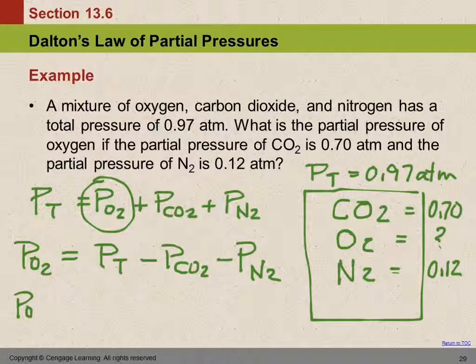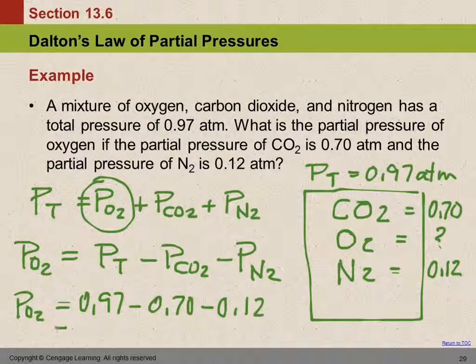So the pressure of the oxygen is going to equal the total pressure of 0.97 minus the carbon dioxide minus the nitrogen. And we do the math there, we get 0.15 atmospheres.